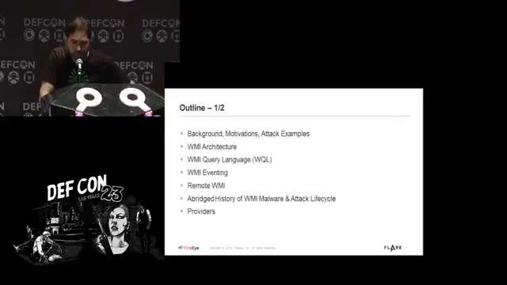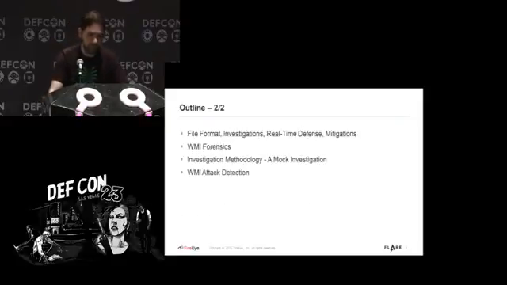Then WMI providers. Then we go into forensic data, like file format, investigation, real-time defense and mitigations, and then forensics on the formats of the files the WMI repository consists of. And we finish with the mock investigation and the WMI attack detection.